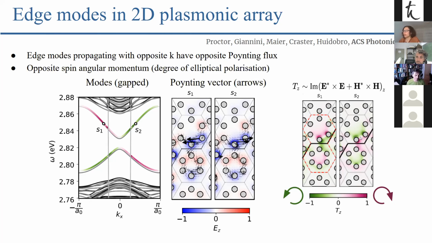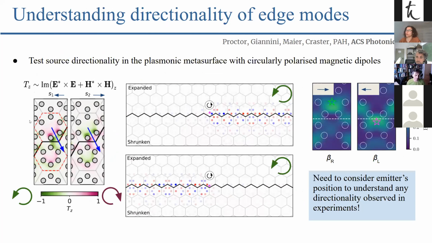And as you can see, it has opposite signs for the oppositely propagating modes. And this represents that the handedness of the circular polarization in the plane is opposite for the two oppositely propagating modes. So now we can use this to test the source directionality by using circularly polarized magnetic dipoles.